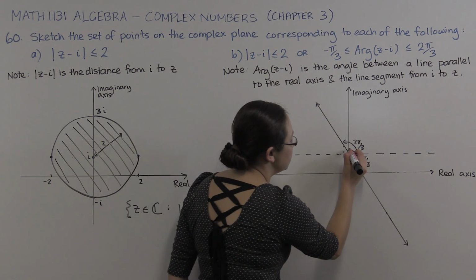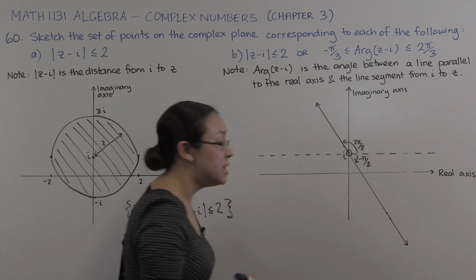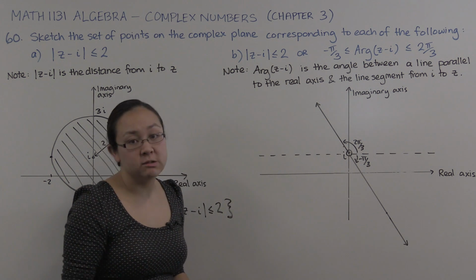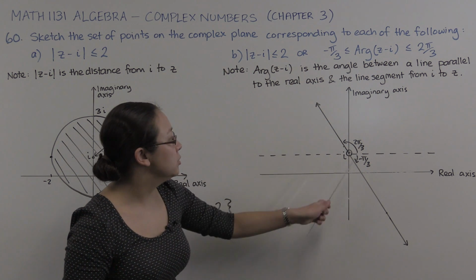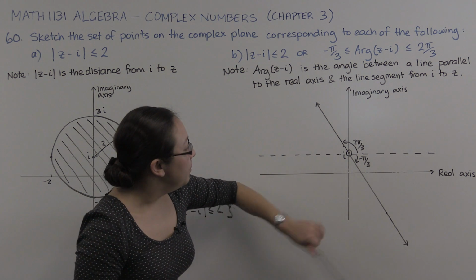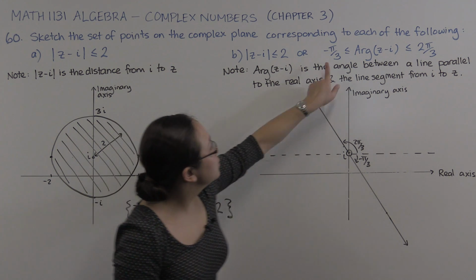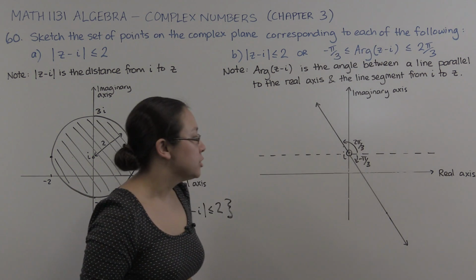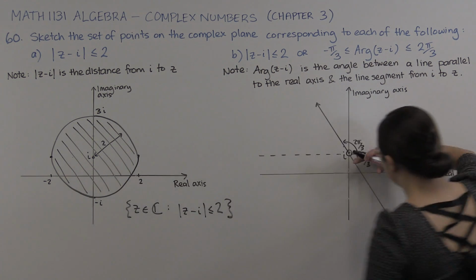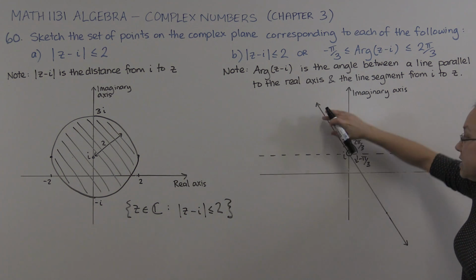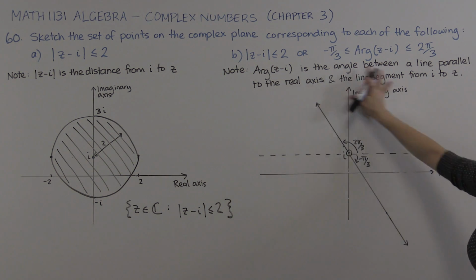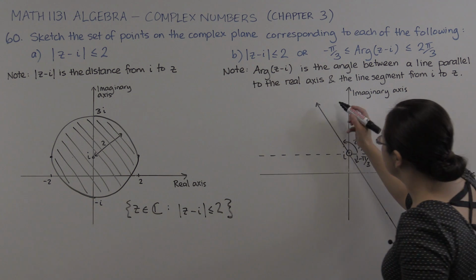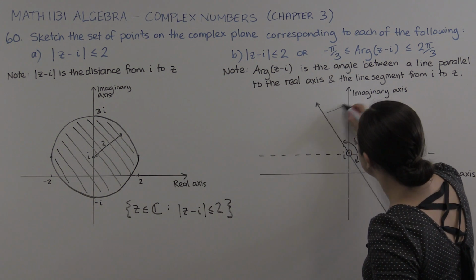I have to put an open circle here because the argument of 0 is not defined, so we can't include that point i. But remember, it wasn't equal to, it was in between these two. So if I just want the argument to be in between these two, then z could really be anywhere in this range here. So I'm going to shade all here.